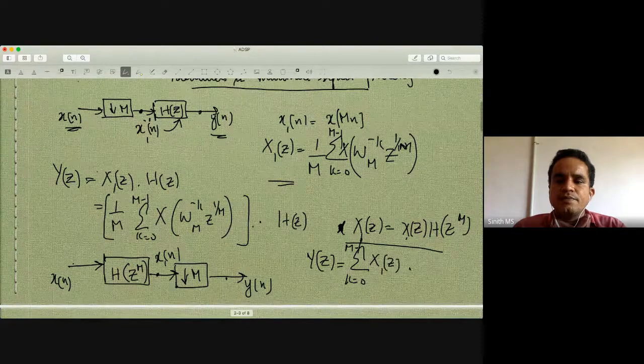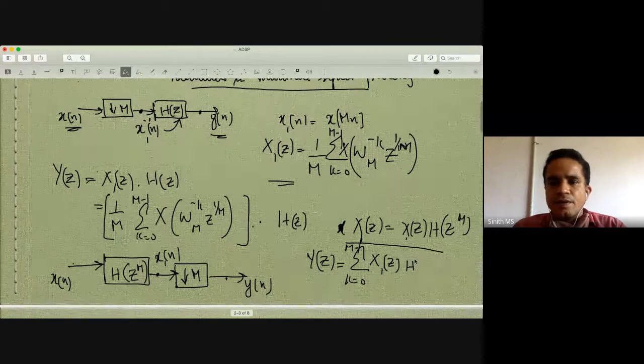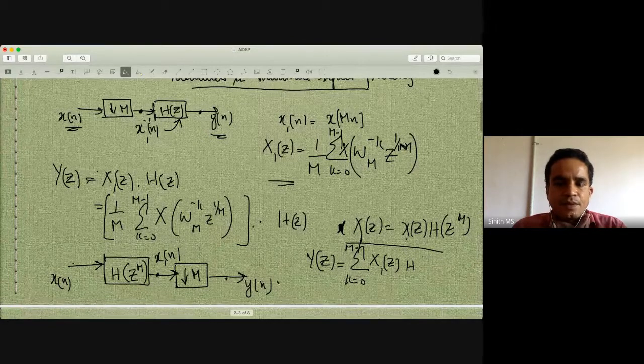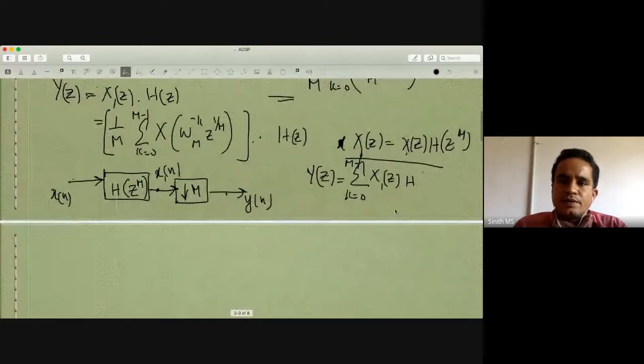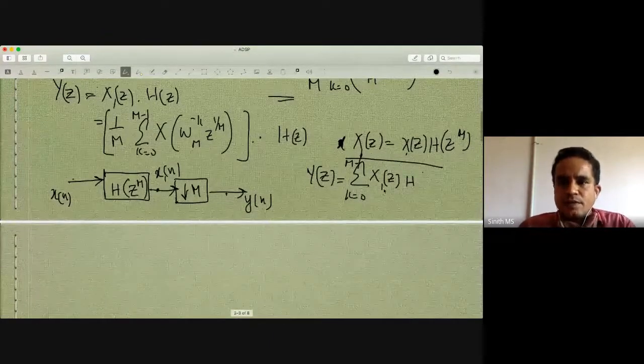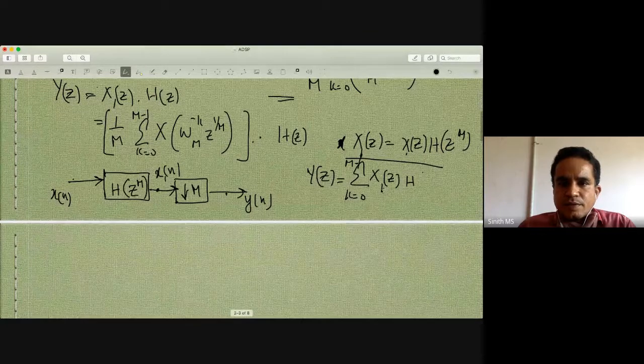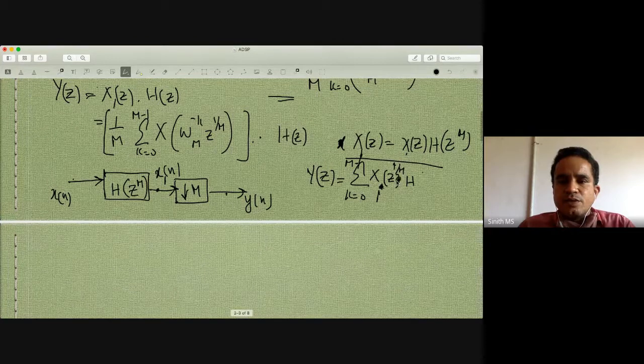Y(z) is basically, if this was X1(z) here, then X1(z raised to 1 by m) W_m raised to minus k.